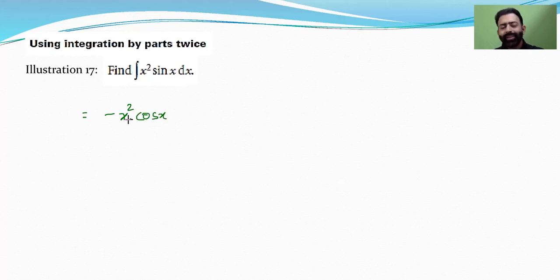Again, I am repeating that this x square will remain as it is, first function, and integral of sine x will be minus cos x. Okay, now with the minus sign, you will apply integral, that bigger one, and derivative of x square will be 2x. You will multiply this 2x with integral of second function, which is minus cos x.